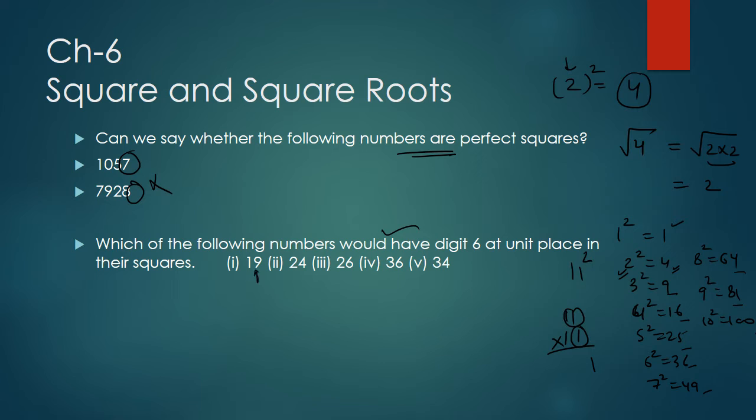So here 9 9s are 81, it will have 1 as unit digit. 4 4s are 16, it has 6 as unit digit. 6 6s are 36, 6 will be in unit digit. Yes, it is also right. Only 19 is the odd one out. Okay, this is not the answer. Move on.